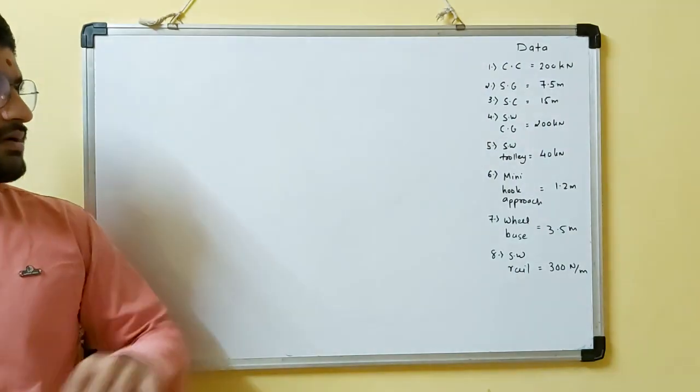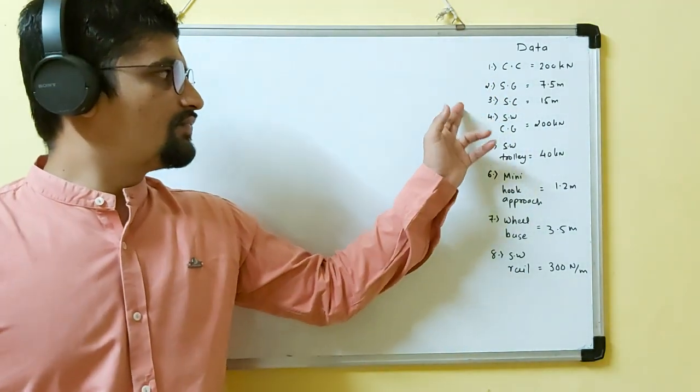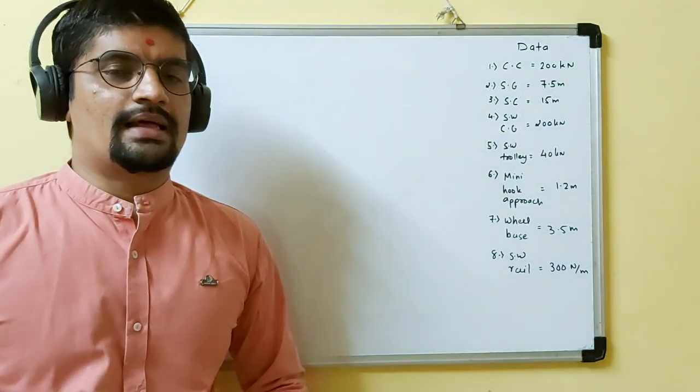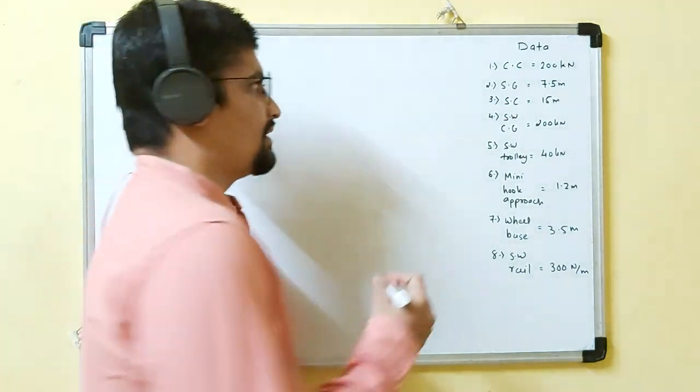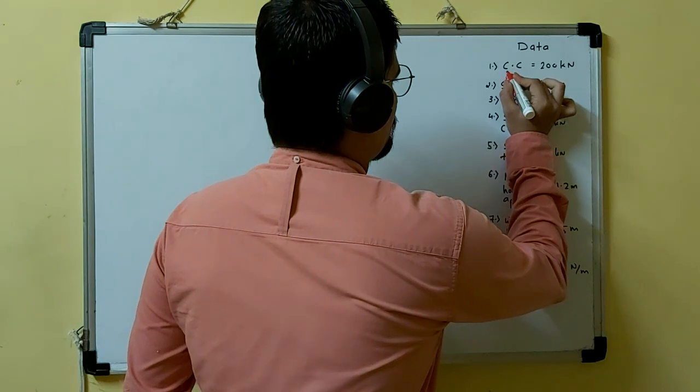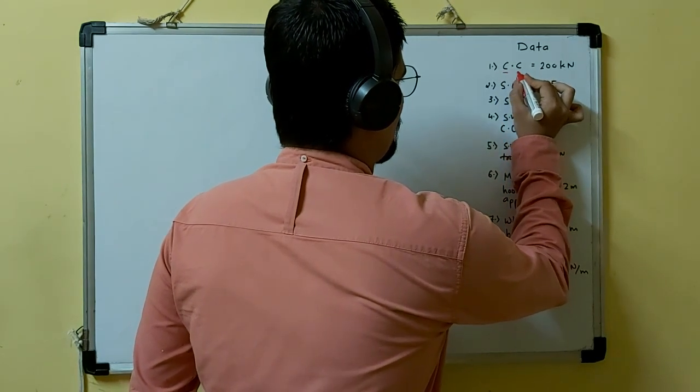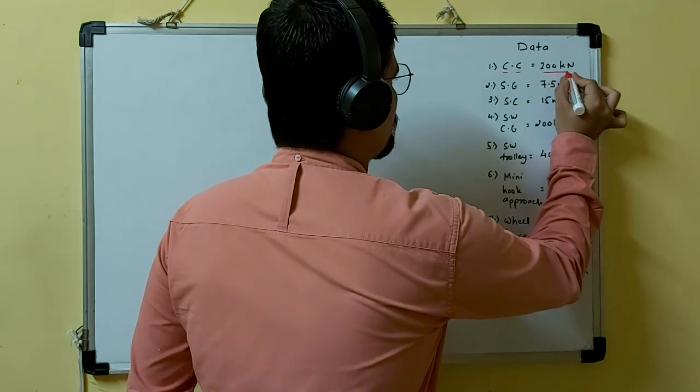Here some data are given for calculating the example. The first data is the crane capacity. This is crane capacity, it's 200 kilonewton.